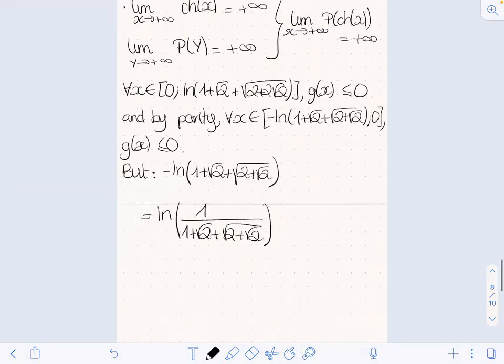That's the first step we could do. And we could try and simplify this expression. One way we could do that is as follows. It's going to involve multiplying both the top and the bottom by 1 plus square root of 2 minus square root of 2 plus square root of 2, and we end up with this term at the bottom.